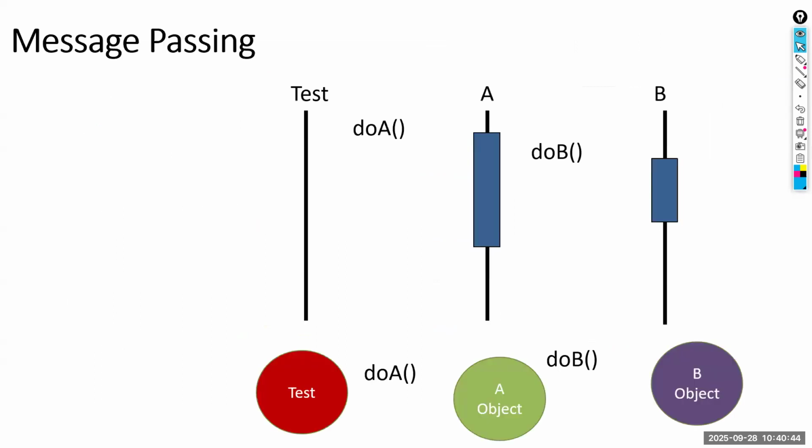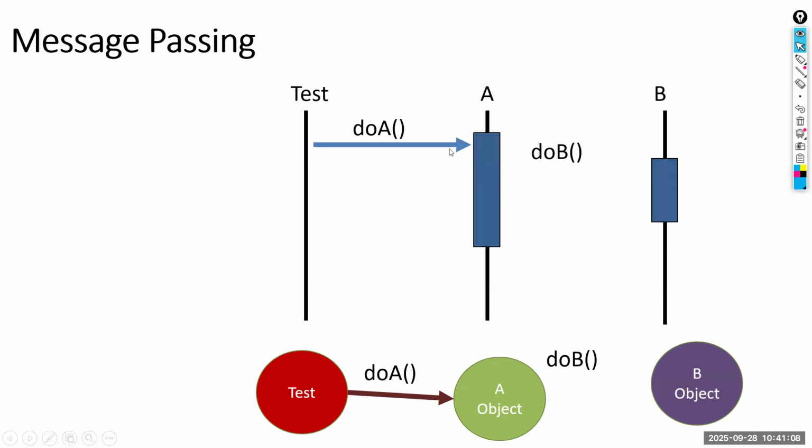So this is how the message passing happens. This is my test class where we have created an object. Now my test class can call a behavior of the A object. So when I call the behavior of the A object, remember the A object has an association with the B object. It can get the help of that B object.